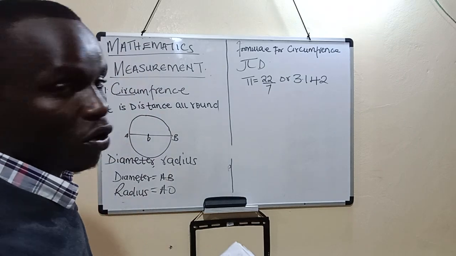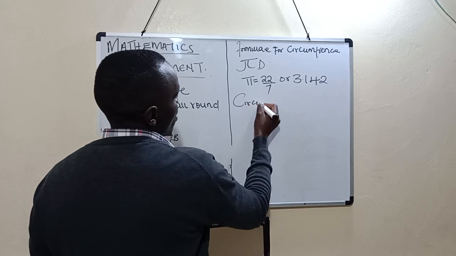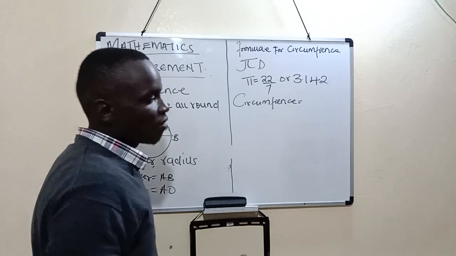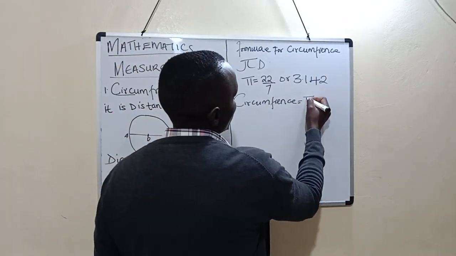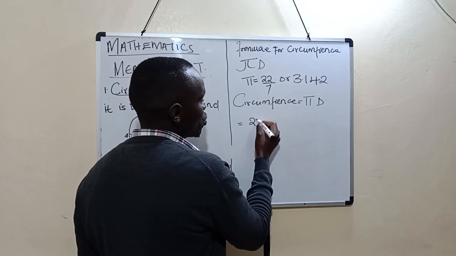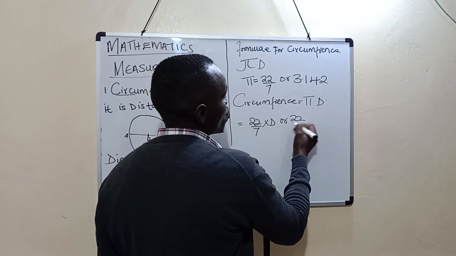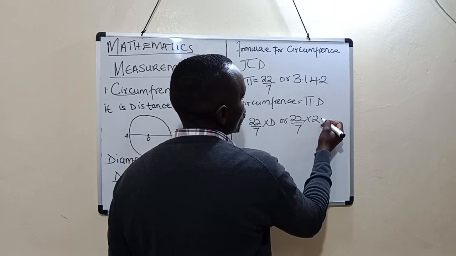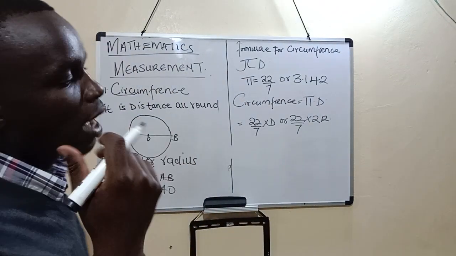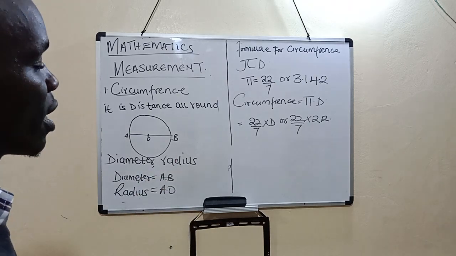So the circumference will be given by pi multiplied by diameter, which is 22 over 7 multiplied by the diameter, or 22 over 7 multiplied by 2r, or 2 multiplied by the radius.